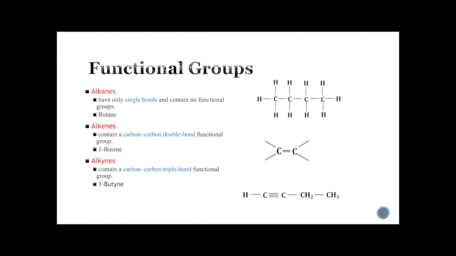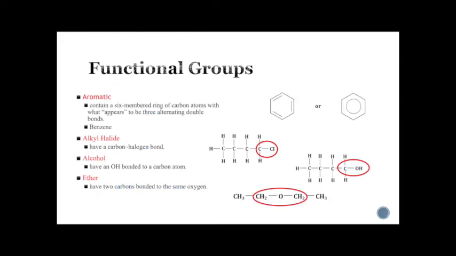So 1-butene is listed here. And then the alkynes have the triple bond between the carbons. And it's almost the same name, 1-butyne. So again, we'll be getting into alkenes and alkynes in the next chapter. But just know for now, alkenes have a double bond, alkynes have a triple bond.